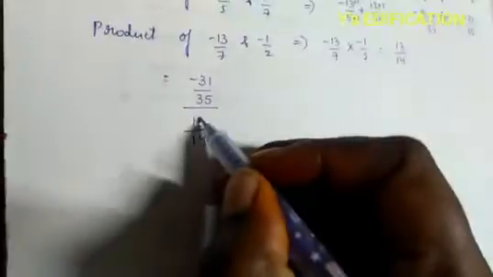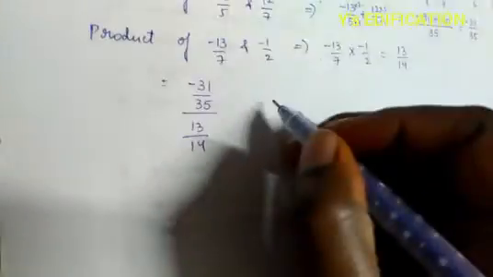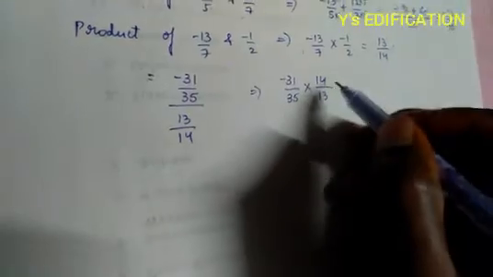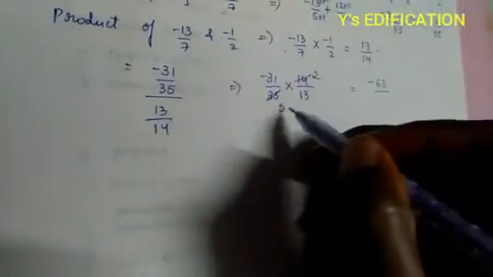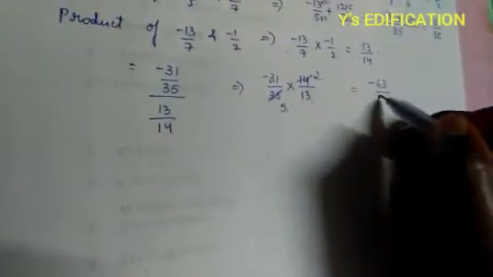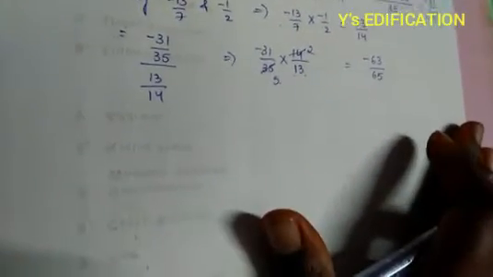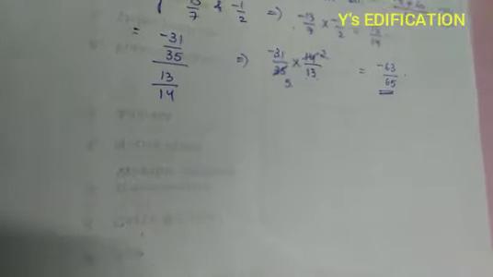I want to convert this division into a multiplication, so I have to take the reciprocal, which is 14 by 13. We can cancel: 7 twos are 14, 7 fives are 35. So the remaining is minus 31 into 2, which is minus 62, and 5 into 13 is 65. So this is the number that I required.